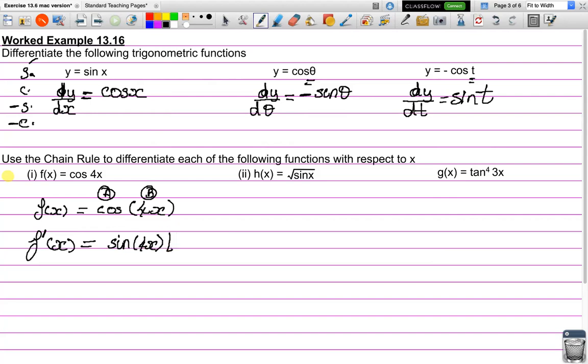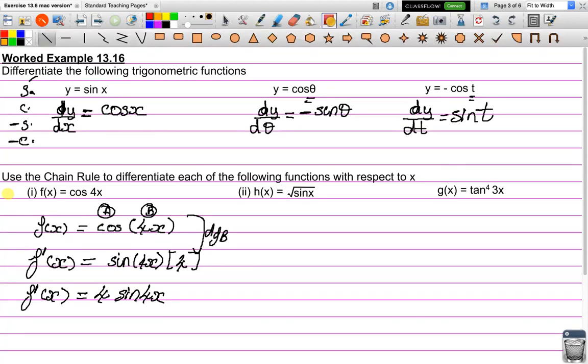And then I open a bracket, and in here, I'm going to be putting the differential of B. And the differential of B is the differential of 4x, and the differential of 4x is 4. So therefore, f dash of x, rewriting it, is you bring the 4 to the front, and it's minus 4 sine 4x. And that's the end of that particular problem. Okay, moving on to the next one.